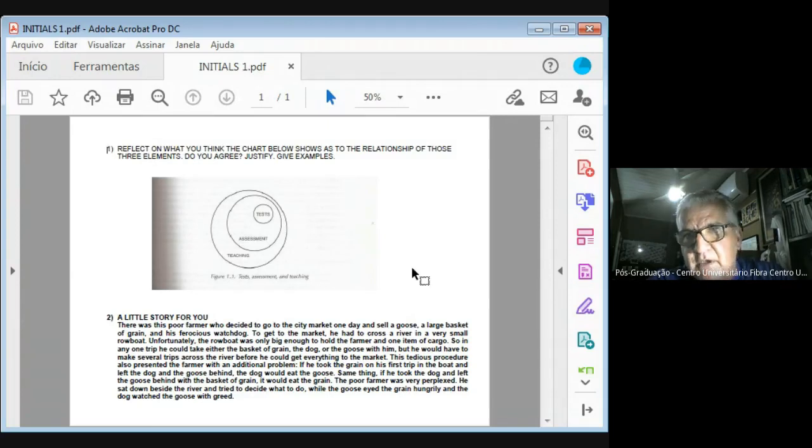So I'm going to change the deadline in the platform. Instead of posting until tomorrow, if I'm not mistaken, I will expand it until Wednesday. But make sure you don't lose track of this deadline, otherwise it may give you problems with the final grade. You know that this is a process, okay?